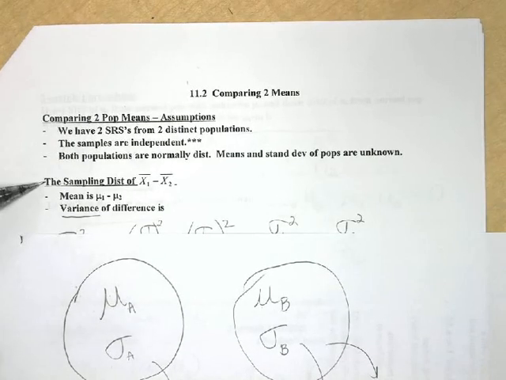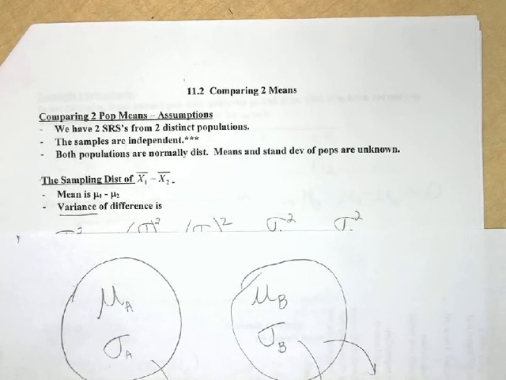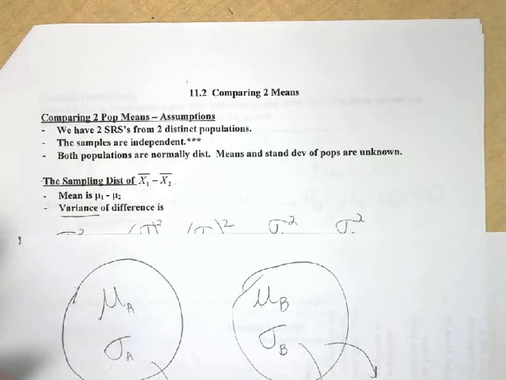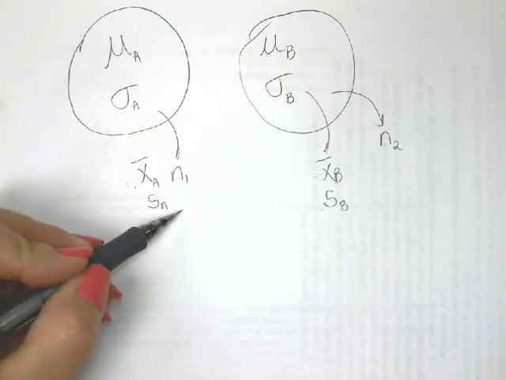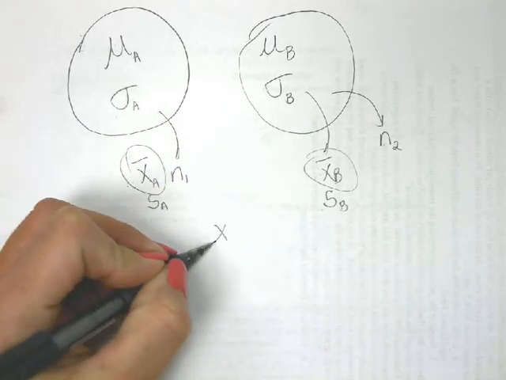So we're looking at the sampling distribution of comparing these two X bars. We take a sample, get an X bar, take a sample and get an X bar, and then look at the difference between the two by subtracting them. That produces a new distribution.